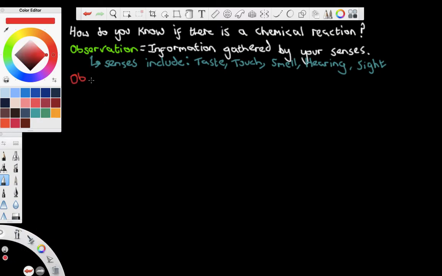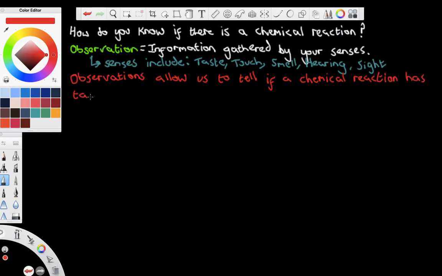So we can say that observations allow us to tell if a chemical reaction has taken place. Okay?